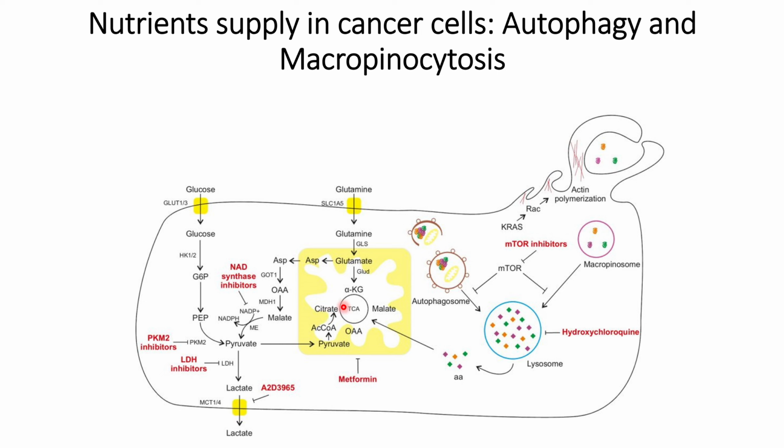Alpha KG formation will be reduced, and by going through this pathway, with the help of the enzyme GOT1, they will form NADPH. However, most of this NADPH will be used by the further pathways.